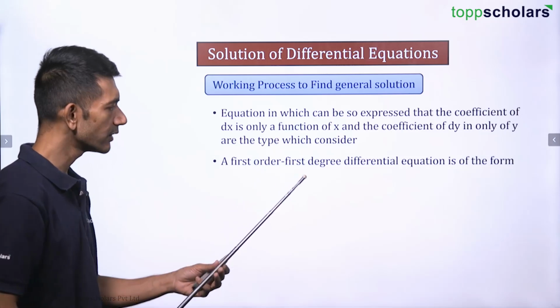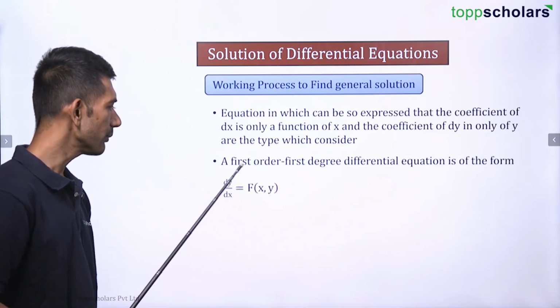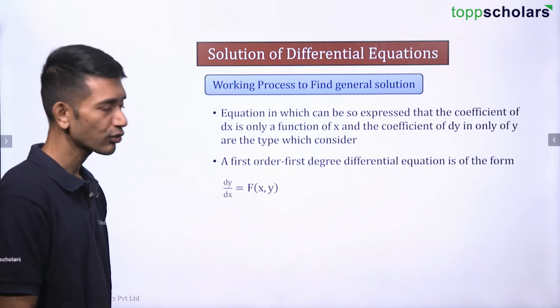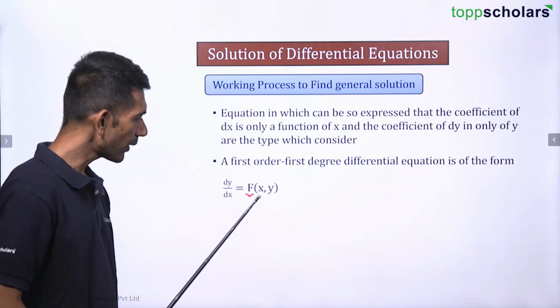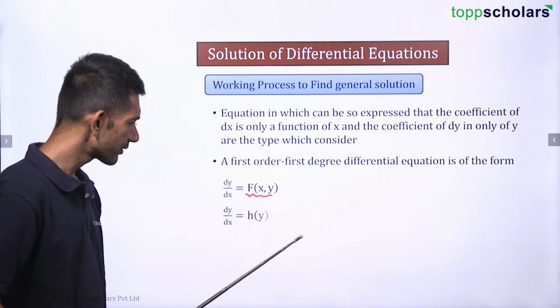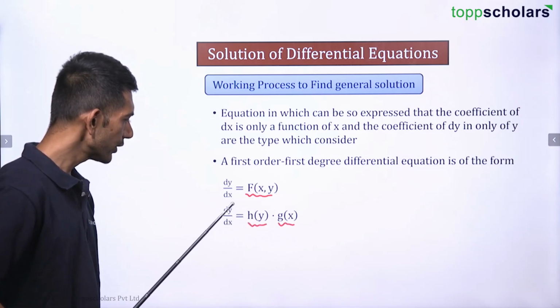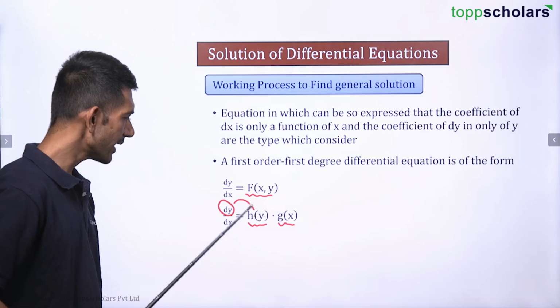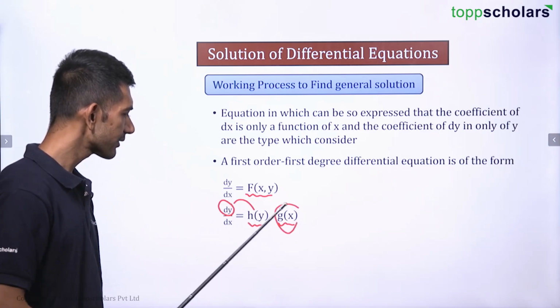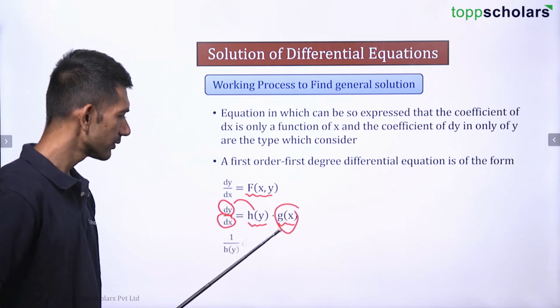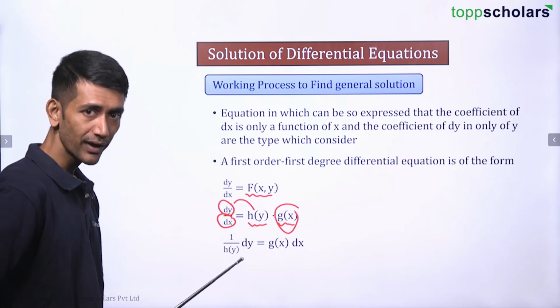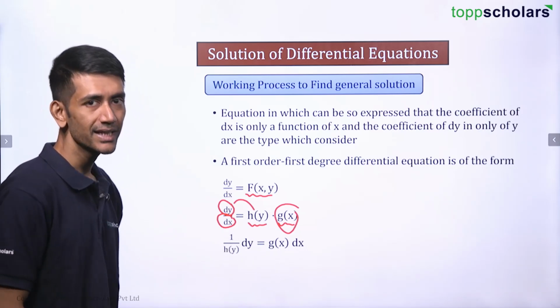So a first order first degree differential equation is of the form dy by dx is equal to f of x comma y. Now f of x comma y, suppose you have something like h of y into g of x. So you will take y together, that is h of y and dy together, g of x and dx together. So that becomes 1 by h of y dy is equal to g of x dx.